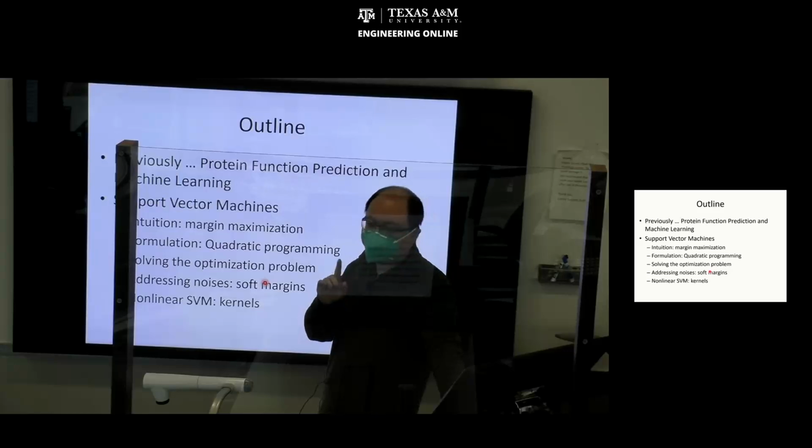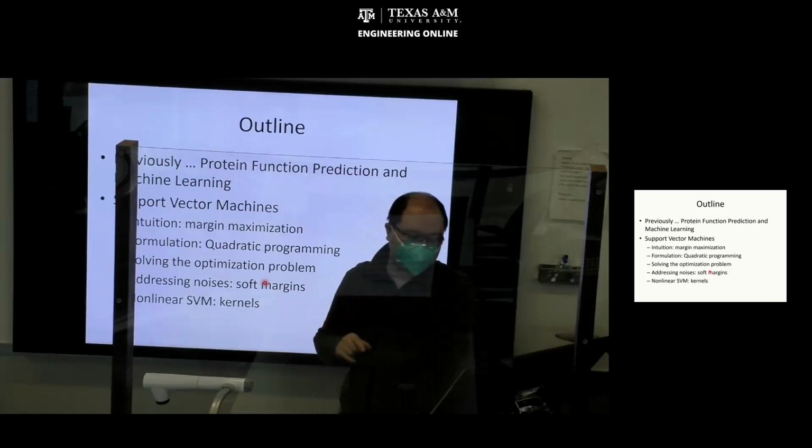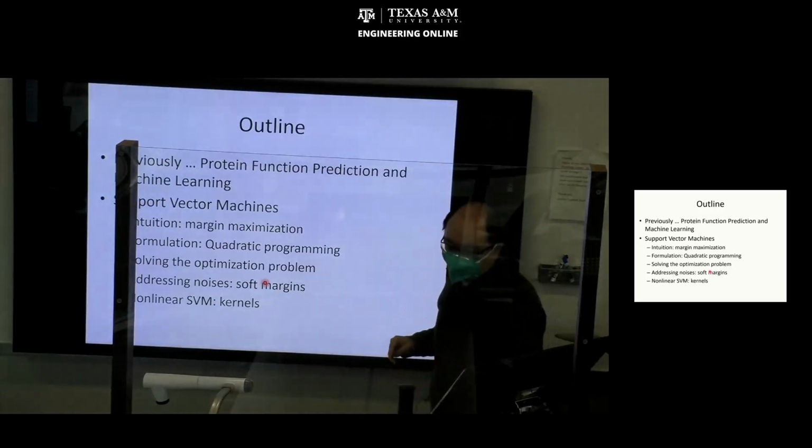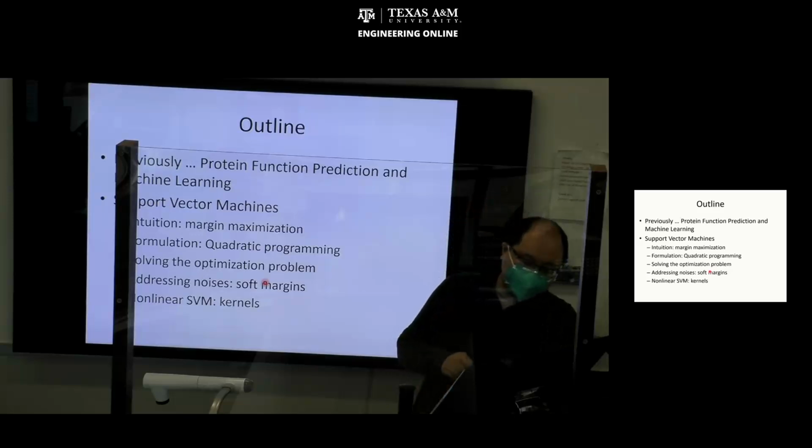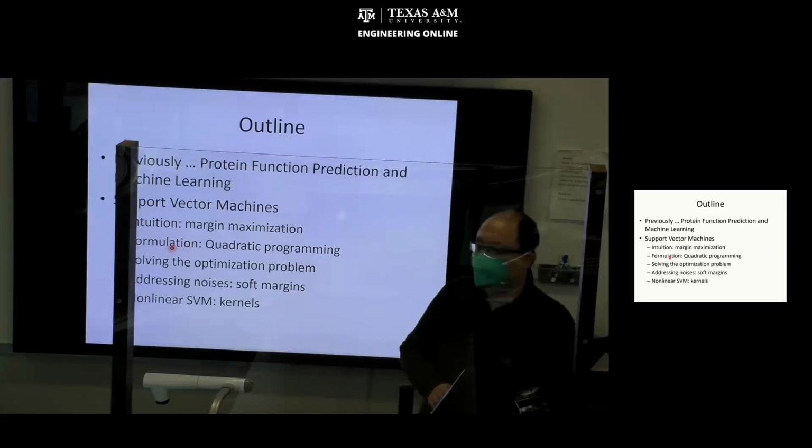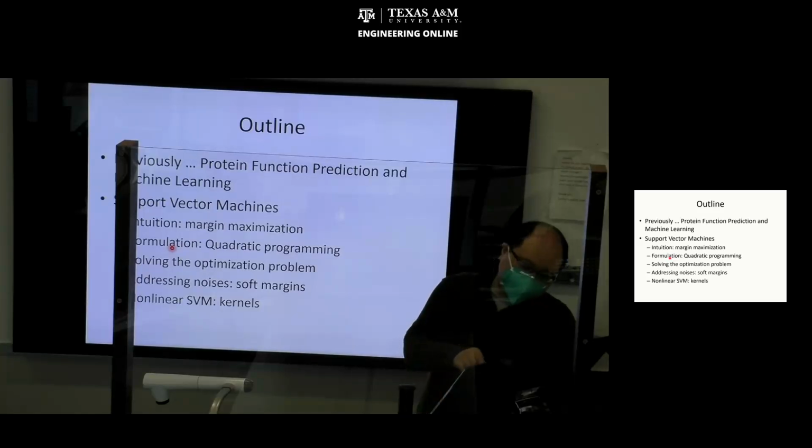So I want to talk about the following things for support vector machines. I want to talk about what is the intuition behind support vector machines. Then how can this be formulated into an optimization problem? That's why we're using this one as the first example. Then how can we solve such an optimization problem?